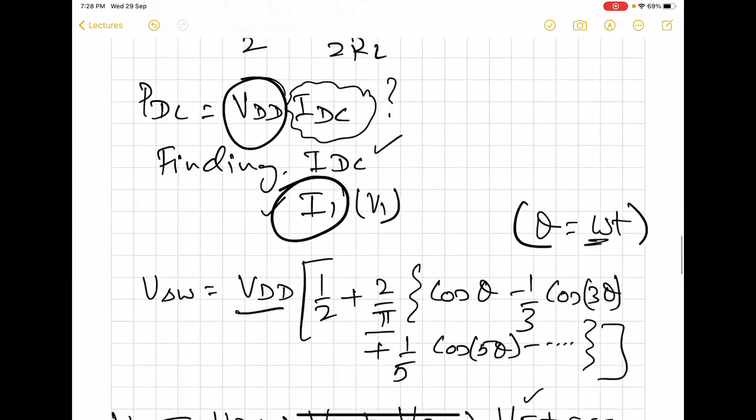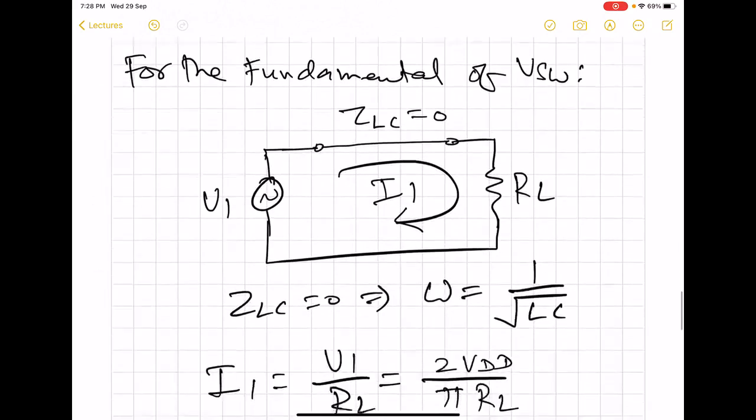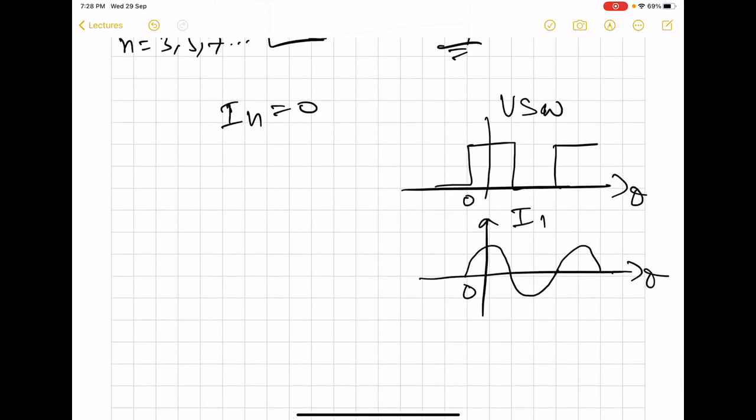So now the question comes whether this IDC will exist or not, and how to find it out. What we have concluded here is that through RL, this kind of sinusoidal current is going to flow. This is during the first half. During the second half, it is going to be negative, then positive during the third half, and so on and so forth.